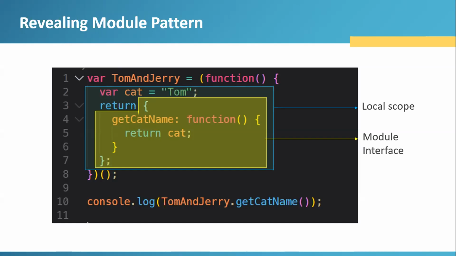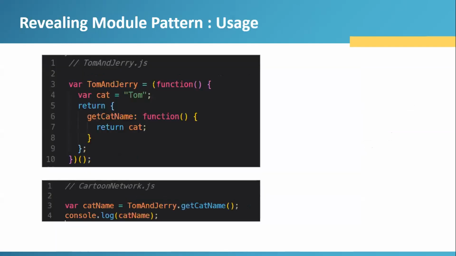Now I want to use this TomAndJerry object in a separate module. This is how we can do it. I have two files here, tomandjerry.js, and the second one, cartoonnetwork.js. And for the whole setup to work, you need one HTML file which will use these two scripts in its script tags, and that will make the entire thing work.